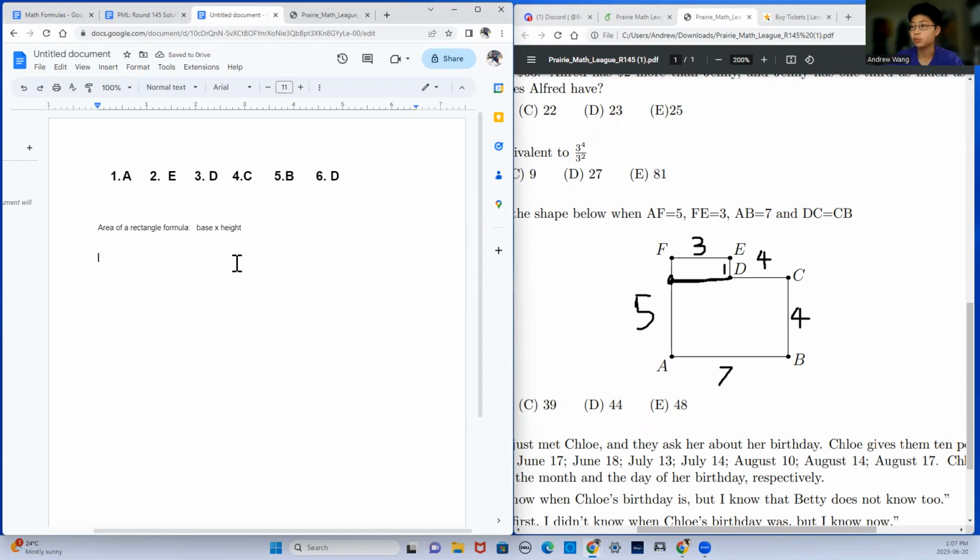And in this one, we have 2 rectangles. So we're going to have to use this formula 2 times.